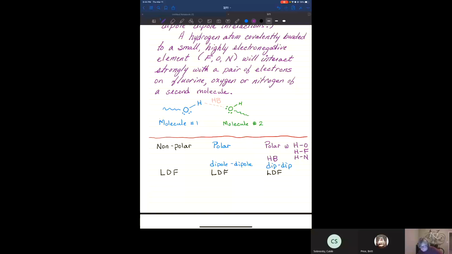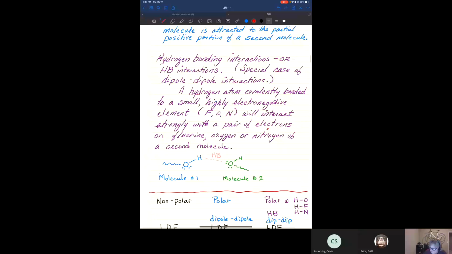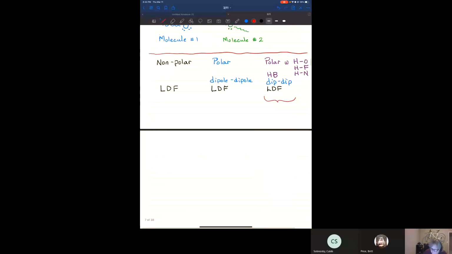So you get all three flavors. All other things being equal, these ones should exhibit the strongest IMF.